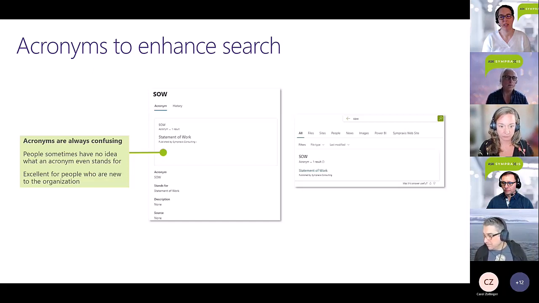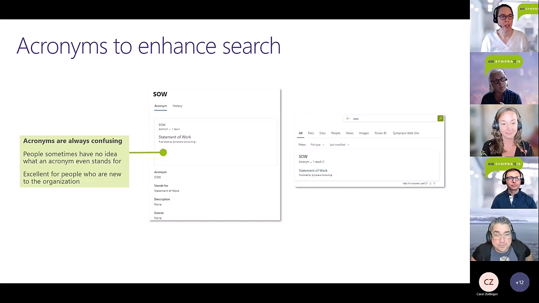So setting up an acronym definition in Search and Intelligence is an awesome thing to do. It really helps, especially for people who are new to the organization. At Simpraxis, we say SOW all the time. It's an initialization if you say S-O-W. It's an acronym if you say SOW. Had to work that in.